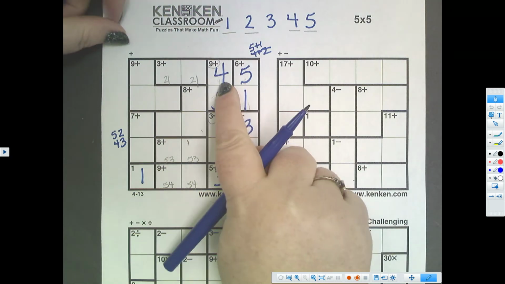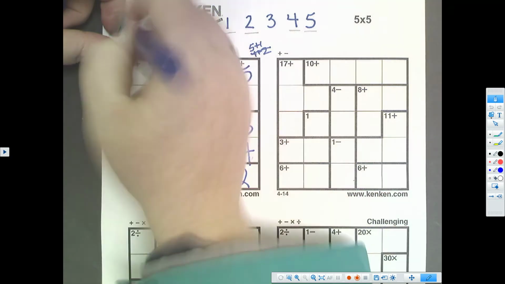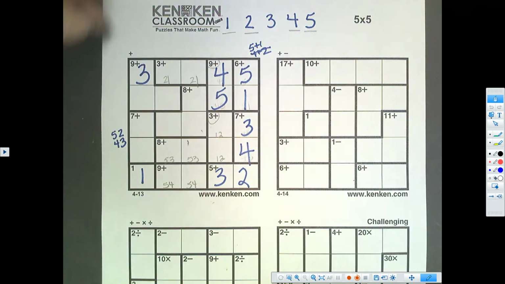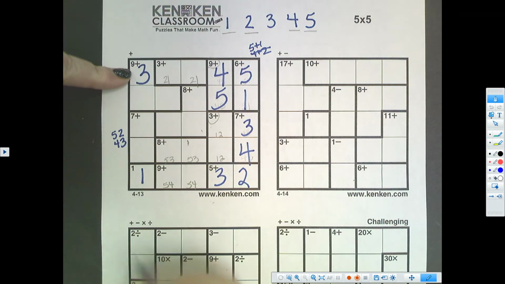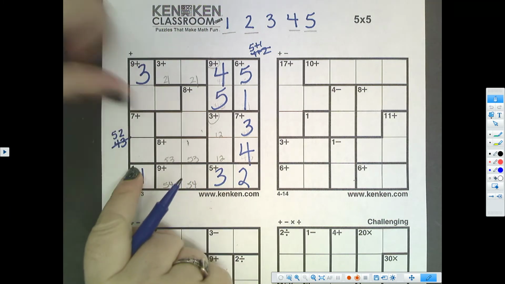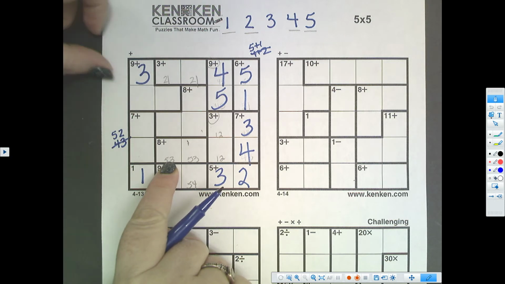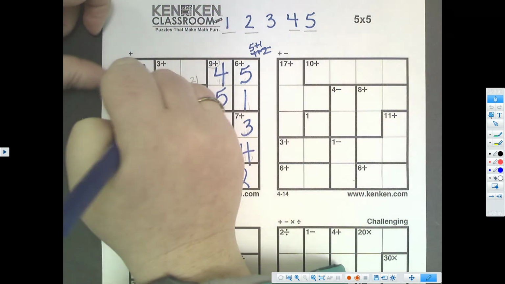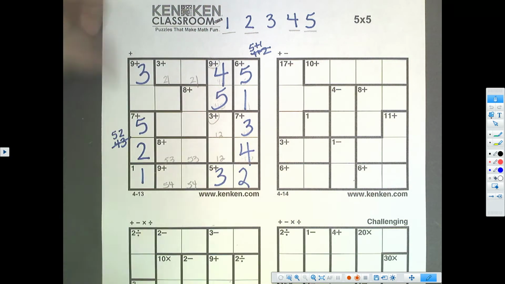I now have 5, 4, a 2, and a 1, which means I have to put a 3 here. Now that I put that 3 there, this one cannot be 4, 3, so this one has to be 5, 2. I already have a 5 in the bottom, so this would be 5 plus 2.